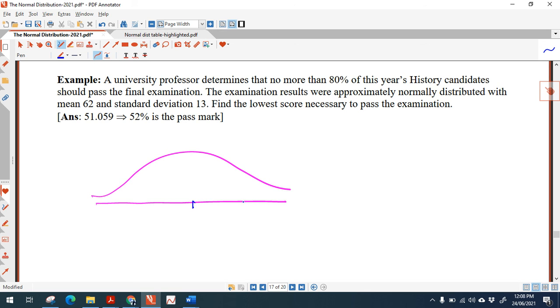So 80% would be, I don't know, somewhere around about there. So we know that here is z equals 0. Now, what do they tell you? So that means 20% here. No more than 80% of this year's history candidates to pass a final examination.